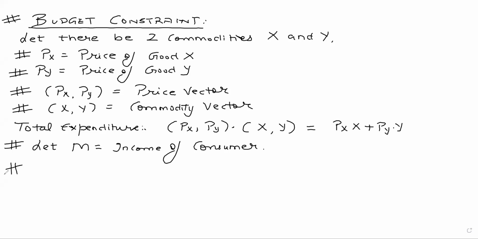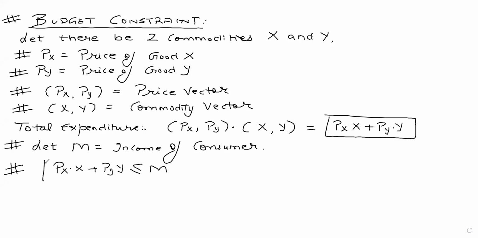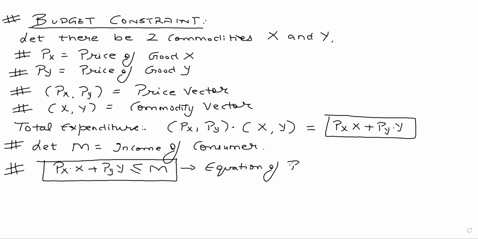Then my budget constraint equation is: my total expenditure, which is Px times X plus Py times Y, should be less than or equal to our income. So this is the equation of the budget constraint. For any consumer, his total expenditure cannot exceed his total income.